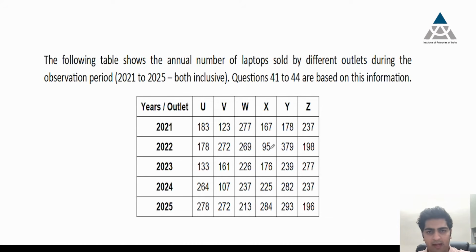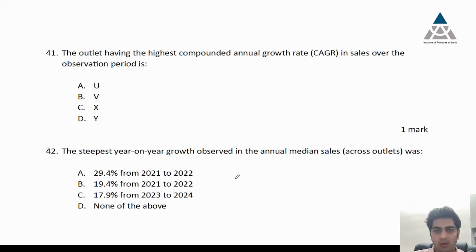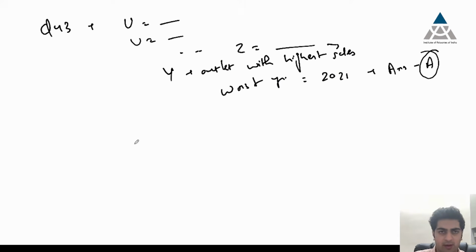Let's check for X in 2022. So the total sales in 2022 was 178 plus 272 plus 269 plus 95 plus 379 plus 198. So that's 1391, which was the total sales in 2022 for X. So question 44.